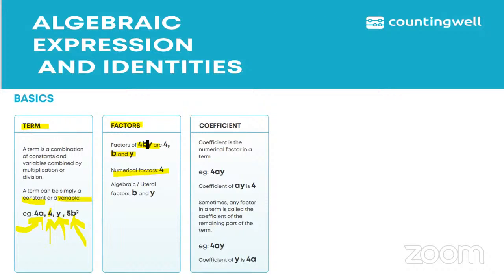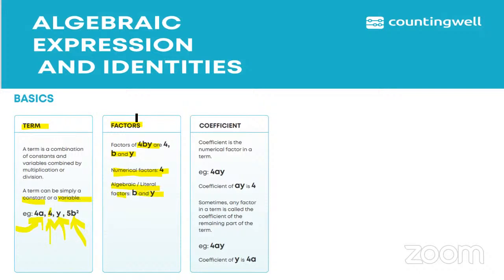That's why they are called factors of 4by. For example, if you divide 4by by 4, you will get by. If you divide 4by by b, you will get 4y. If you divide by y, you will get 4b. Out of which the numerical factor is 4 and the algebraic or literal factors are b and y.